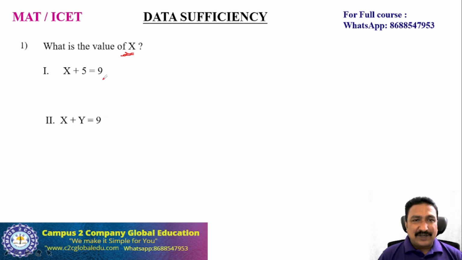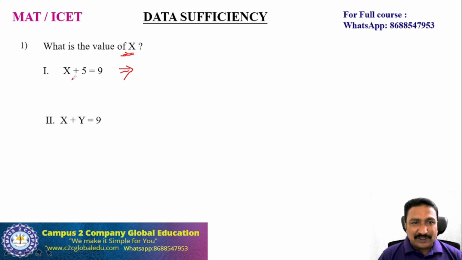Always in the ICET exam or MAT exam, in data sufficiency, first we have to check statement 1. What is statement 1? x plus 5 is equal to 9. From this, can you get the answer or not? We have to check it.